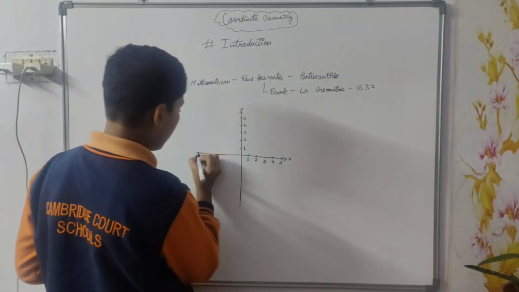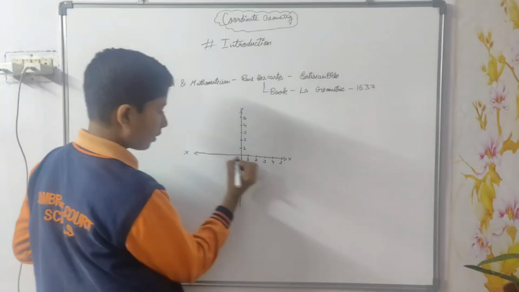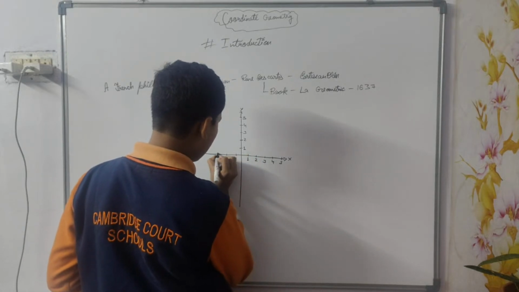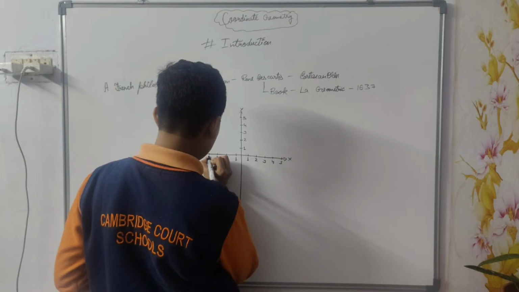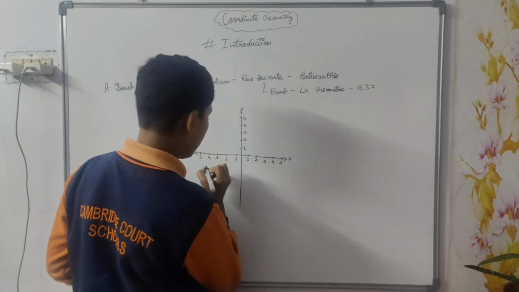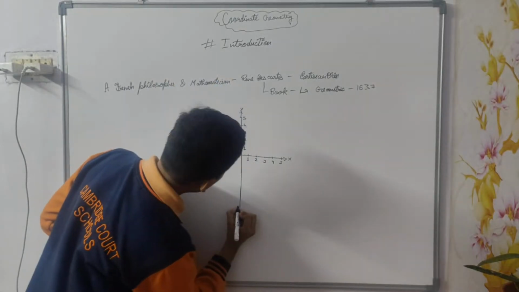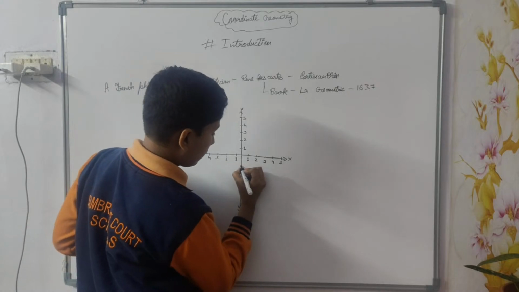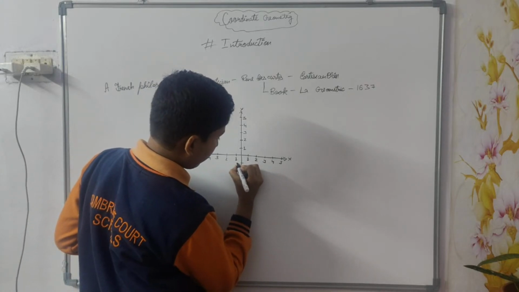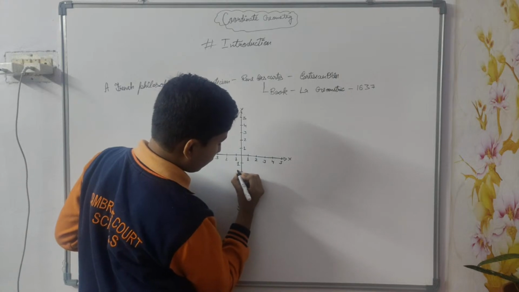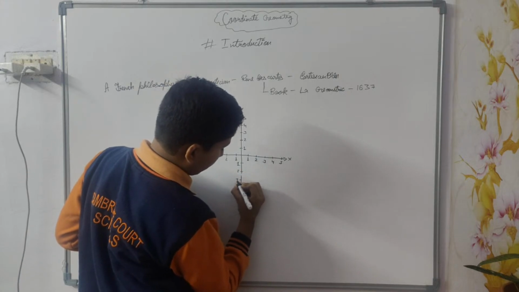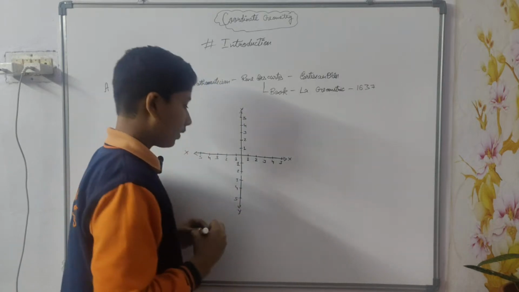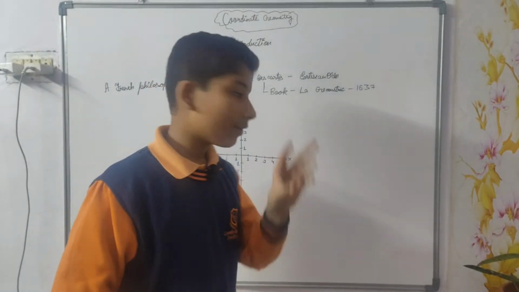Okay. Now over here, again x-axis: 1, 2, 3, 4, 5. Now over this side, it is the y-axis: 1, 2, 3, 4, 5. Now my question is, you tell what is wrong in this.